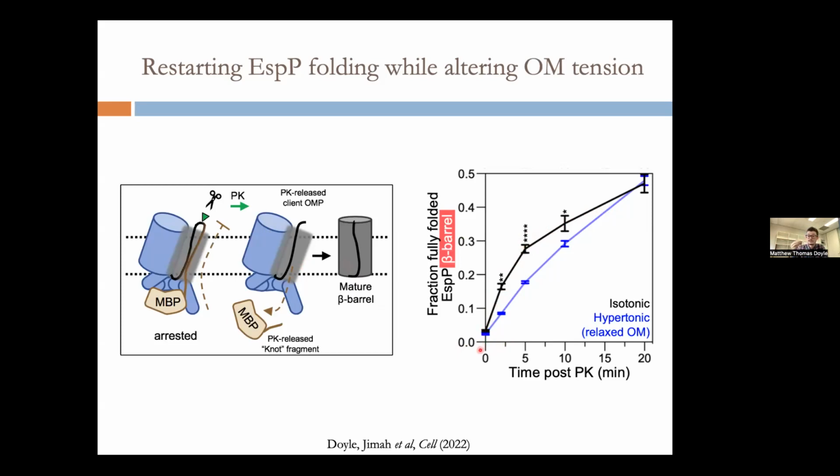But if we take those cells and do the same thing, except you transfer them into a hypertonic solution, the cells are going to shrink, spit out the water, and now you're losing your membrane tension. Lo and behold, barrel assembly slows down significantly, but catches up. And so that may be an energy dependent process or defect.